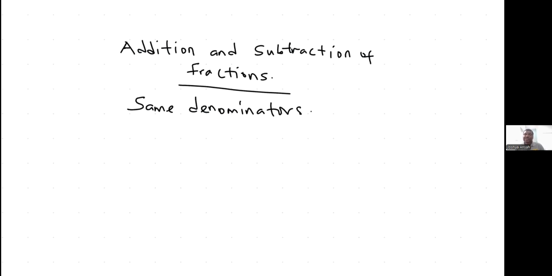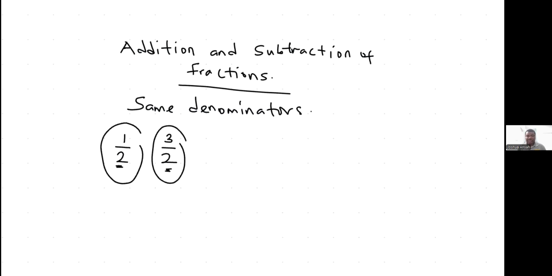An example is if I have 1 out of 2, and then I have 3 out of 2. This fraction and this fraction have the same denominator of 2.